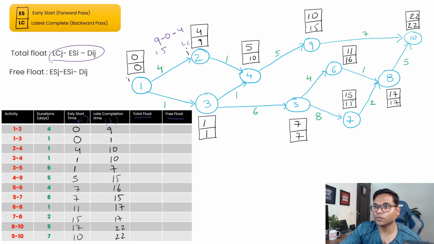Then for this, this becomes J, right? So LC is 10 minus 4 minus 1 is the duration, which basically gives you 4, oh sorry, 5, right? This is 10. Then for here, 15 minus 5 minus 5, which is basically 5, okay?